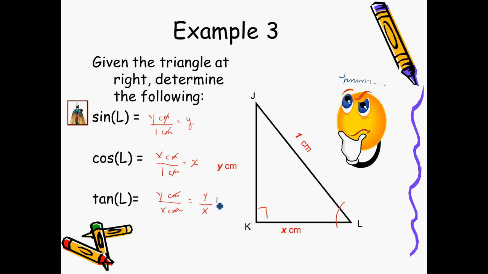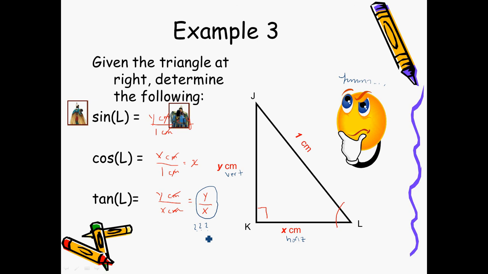Where have I seen y over x before? Vertical compared to horizontal as a ratio. What have you seen with that before? I can't think of it right now. I'll get back to it.